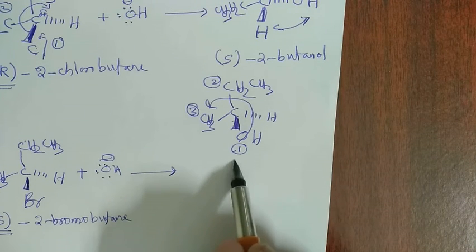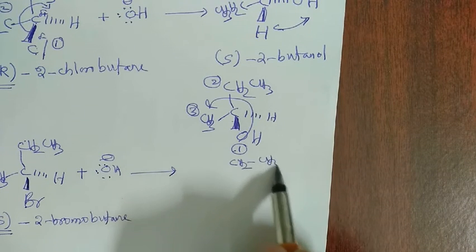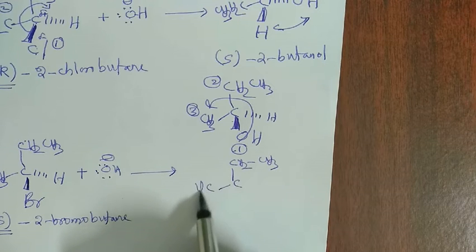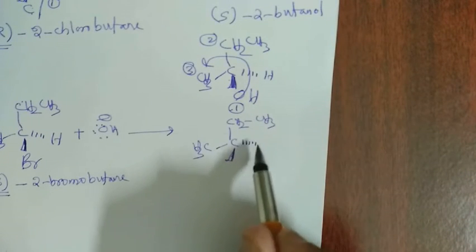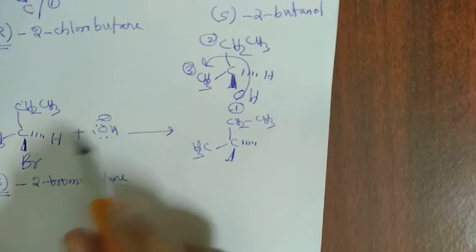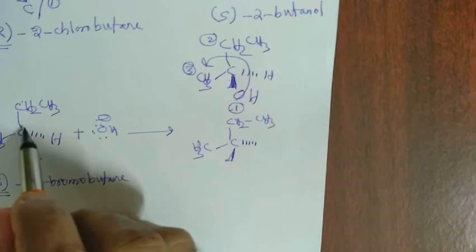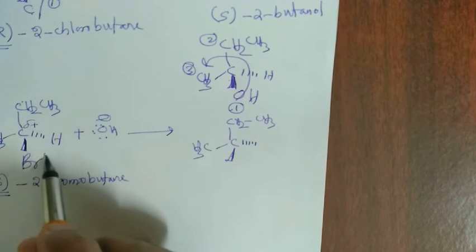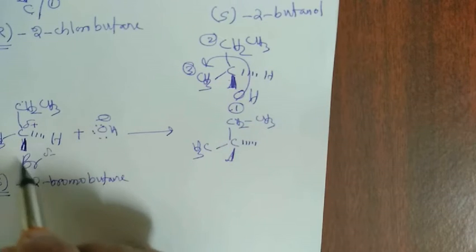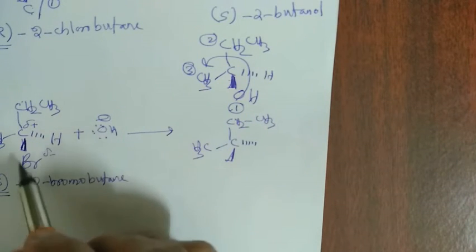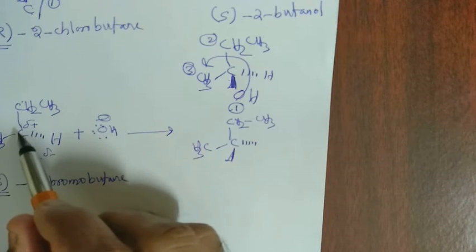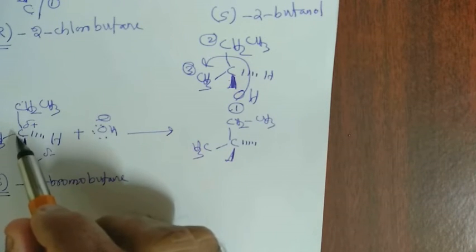The structure of the product will be CH2, CH3, carbon, CH3. OH will be pointing away from the observer because OH is approaching this carbon atom from a side opposite to bromine. Here bromine is pointing towards the observer, so OH is approaching this carbon atom from the opposite side, that is from the rear side.